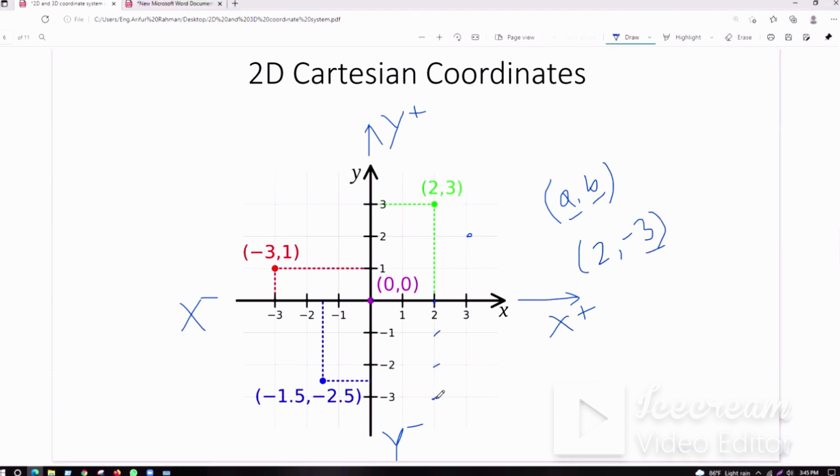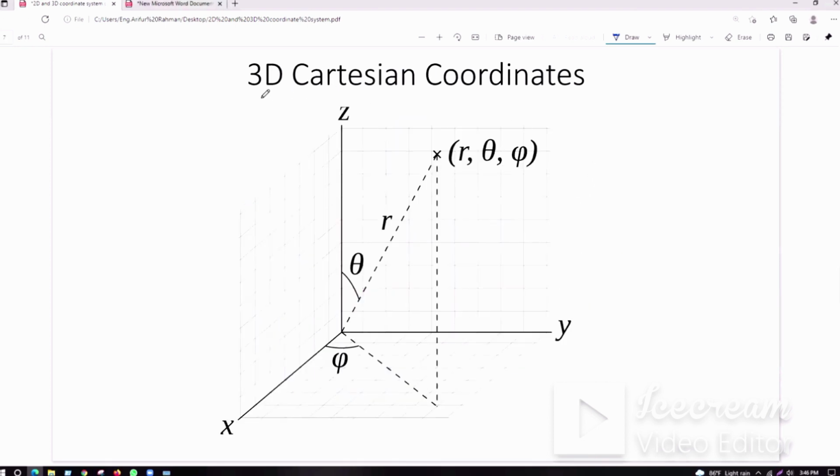So 2, -3 is this point. I specified here a number of coordinates for your convenience. The point here I referred is 2, 3. I referred a point in the second quadrant, -3, 1, and so on.